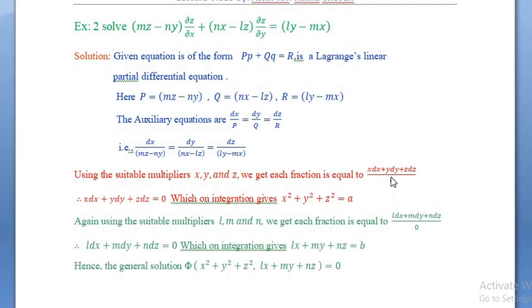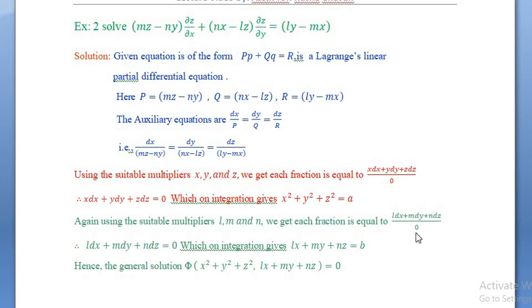Comparing this fraction to any of the fractions of the auxiliary equation, we get x dx plus y dy plus z dz equal to 0, which on integration gives x square plus y square plus z square equal to a, a constant of integration. Again, using the suitable multipliers l, m and n, we get each fraction is equal to l dx plus m dy plus n dz divided by 0.